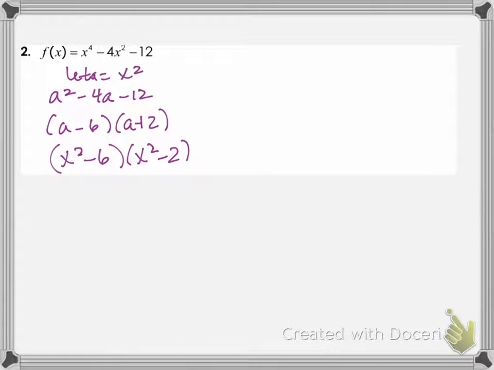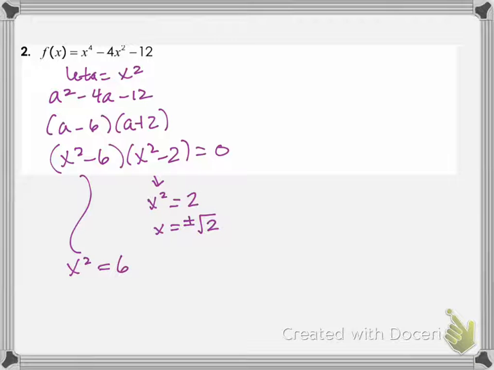So this one is going to be x squared equals 2, so x equals plus or minus the square root of 2. That one was easy, no i. And this one is x squared, because we're setting it equal to 0, equals 6. So you get x equals plus or minus square root of 6. What did I do wrong here? Okay, look, I made a mistake.